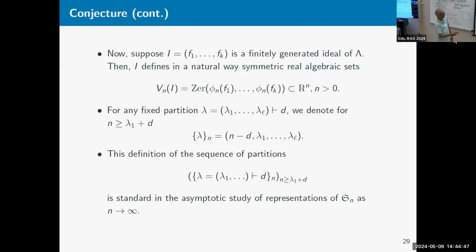And now if you fix a partition of some d, then for n big enough, from this partition you can generate more partitions of n by adding a long row in the beginning. And so that defines a sequence of partitions generated by this lambda based n. So this is a standard way of going from a fixed partition to a sequence in the asymptotic study of representations.